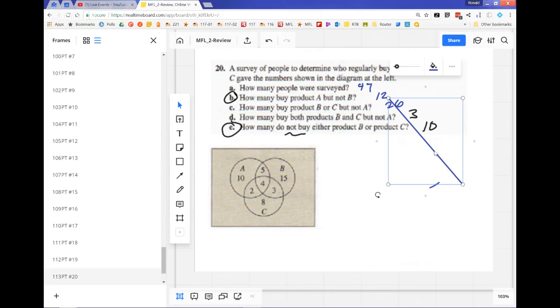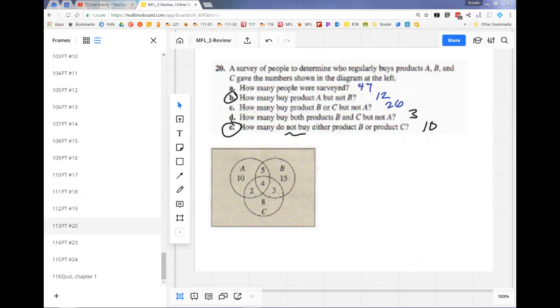Gray mark from my pen. Okay, good. Intersect A or B. Okay, so anybody else have a question?